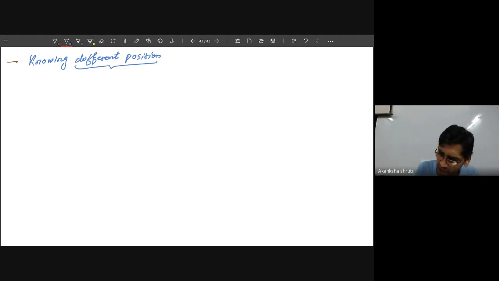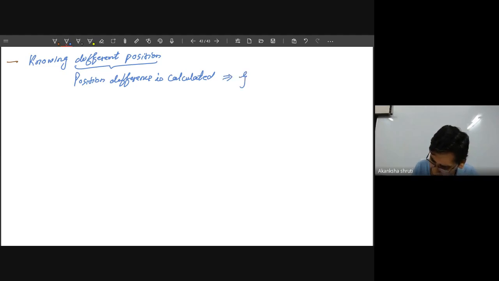Position difference can be calculated. So this position difference is calculated. So this position difference gives us what? Displacement.